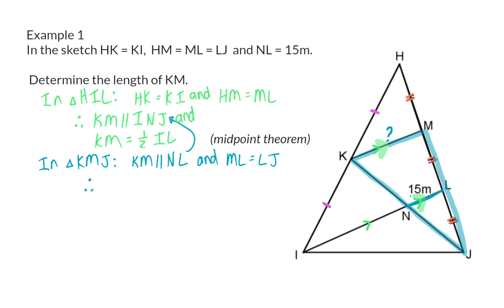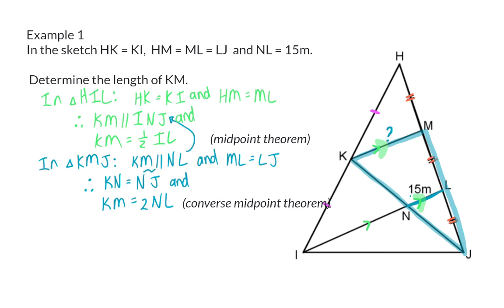Therefore, we can accept that KN is equal to NJ, but the important part is that we can also say that KM will be twice the length of NL. This time my reason will be converse midpoint theorem because I had the parallel lines at the beginning. And of course we know that NL is 15 meters, so KM will be 30 meters.